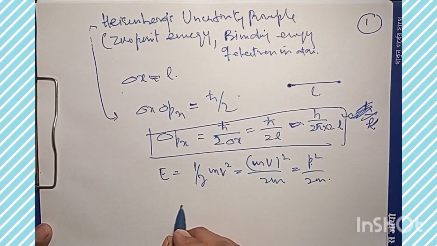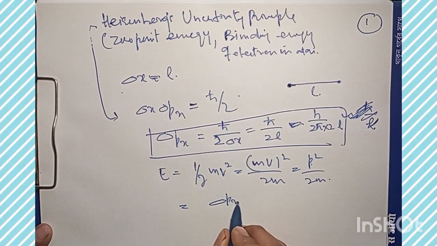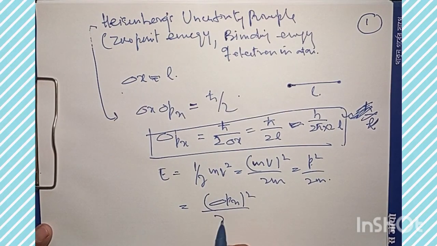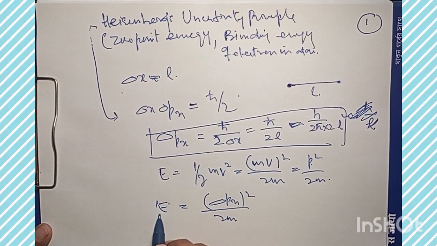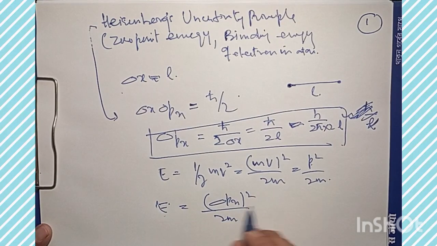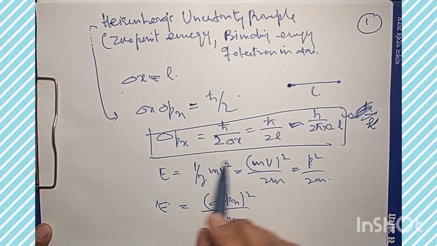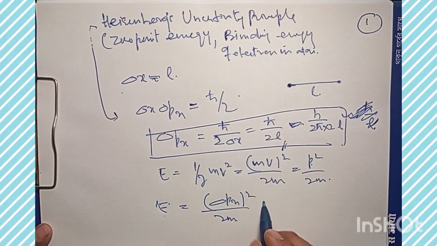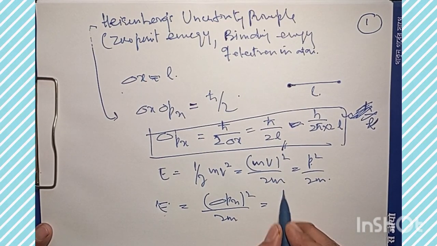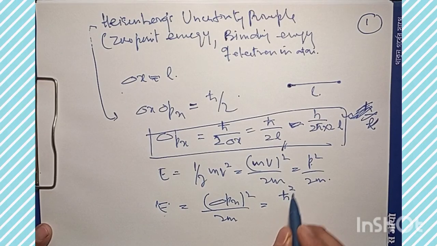Now, for this p, I'll be using delta px, so p squared by 2m. This energy that we have here is for delta px. What I'm going to use is the equation h cross by 2L. So what I'm going to get here is h cross squared by 2mL squared.